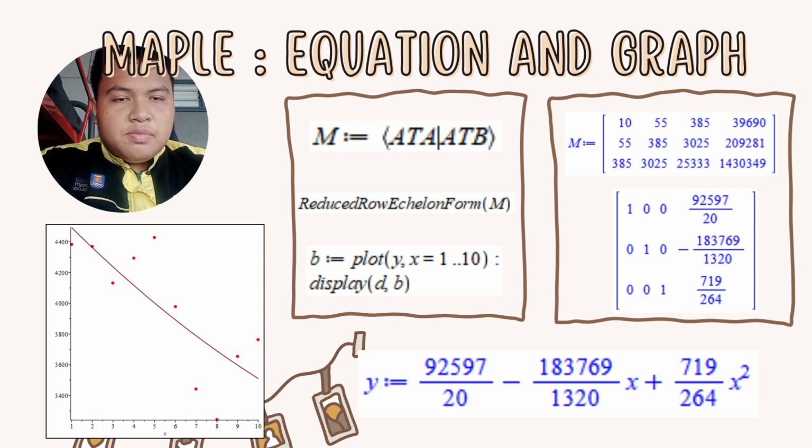So we'll be using the first, and then we use the equation of the best fit curve to make the plot of this data set by using B. Then we display both D and B graph at the same time to look at the best fit curve and the data point of the data.